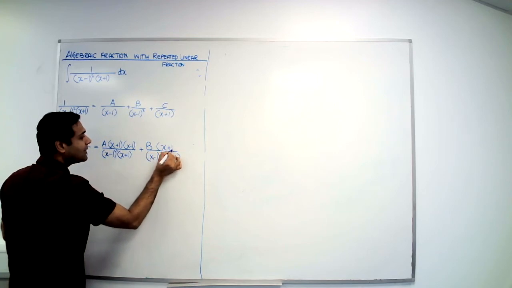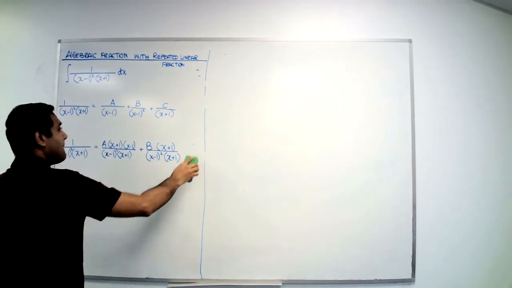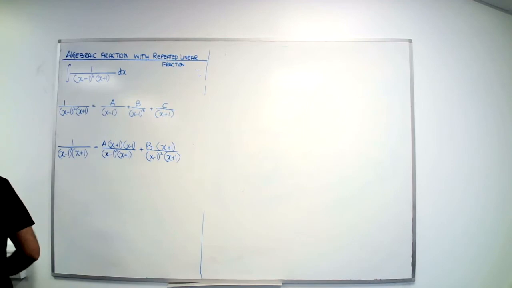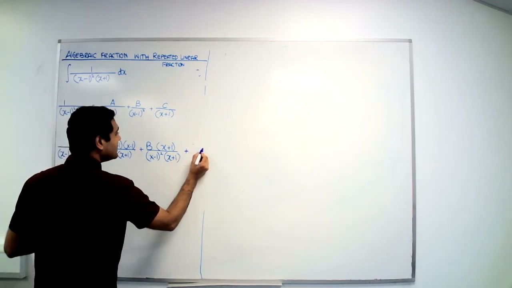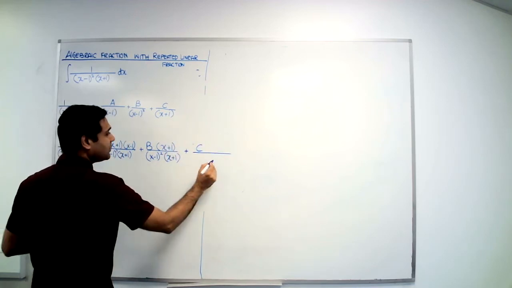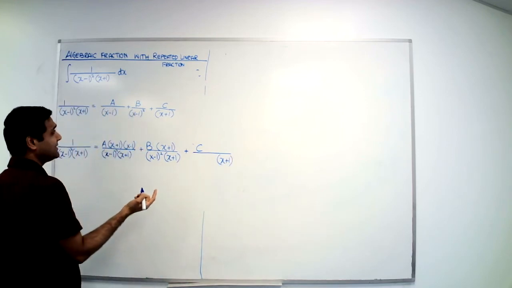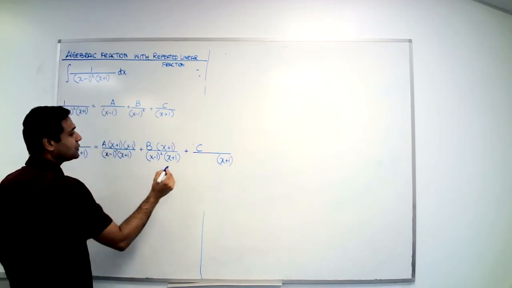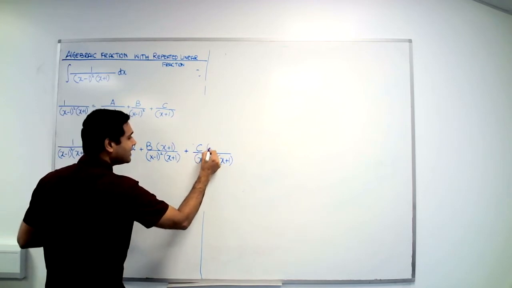Next, plus C. On the bottom x plus 1 is already there, and I'm missing x minus 1 squared, so I write x minus 1 squared on the bottom and on the top as well.